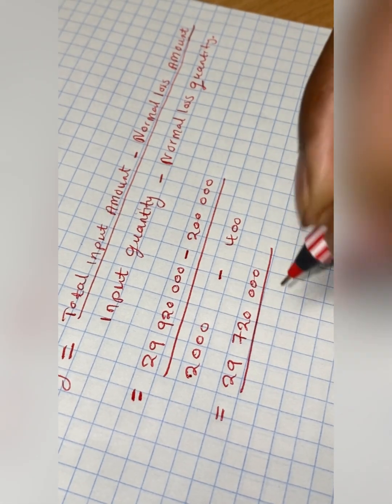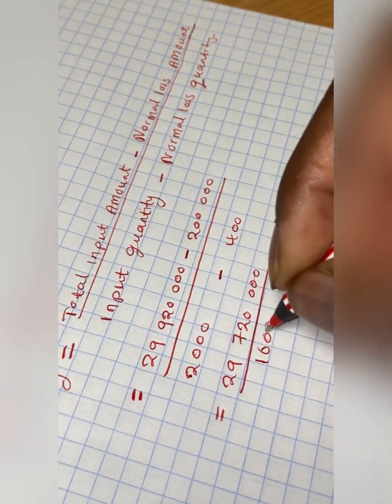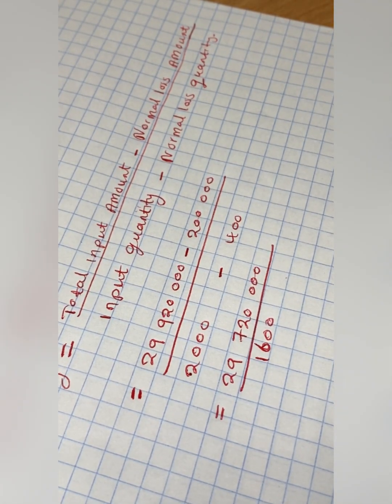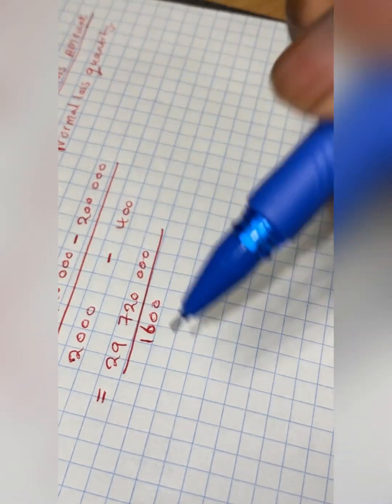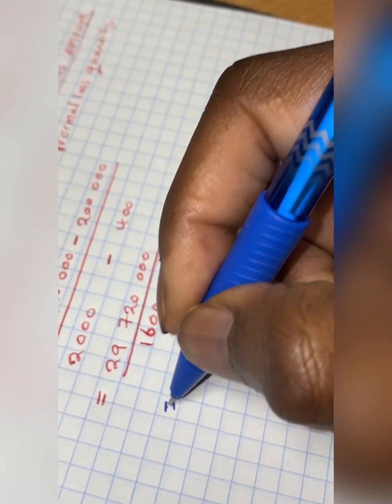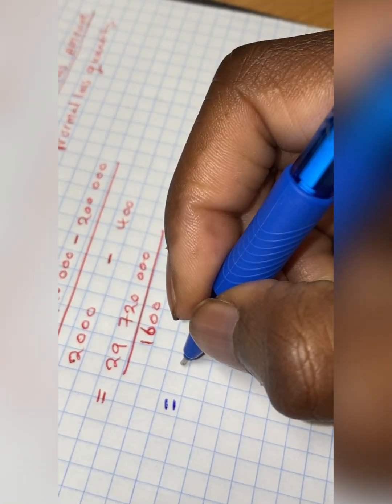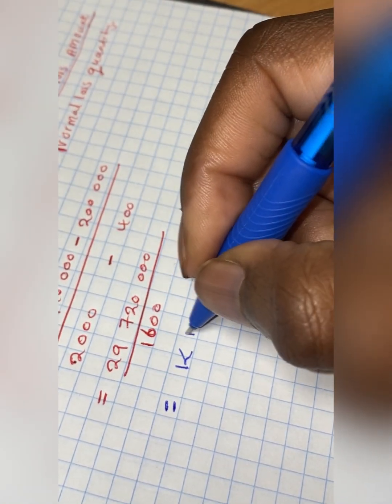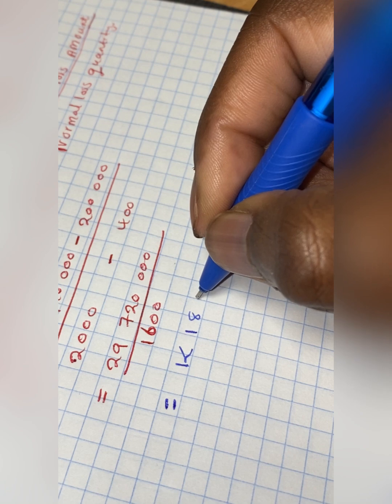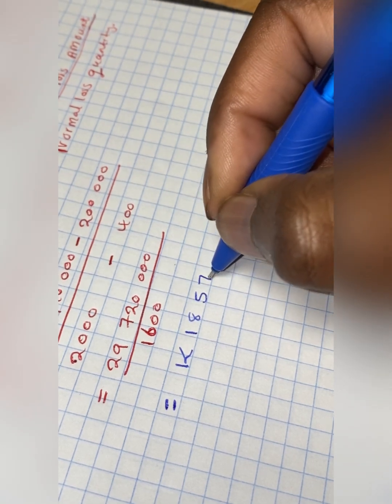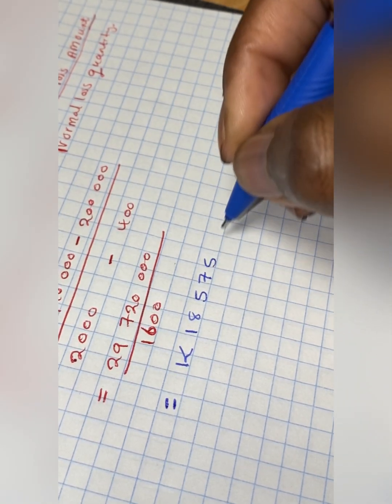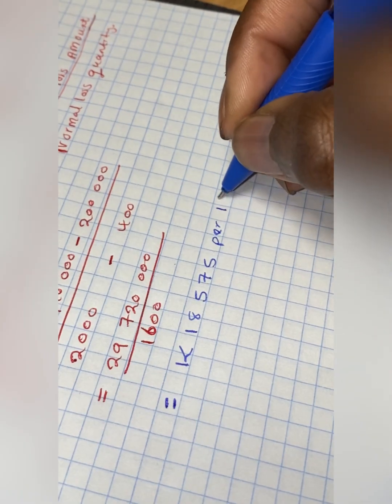Then down, when I subtract, it's giving me 1,600. So when we divide, then we can have our cost per unit or the cost per kg. So the cost per kg is 18,575.